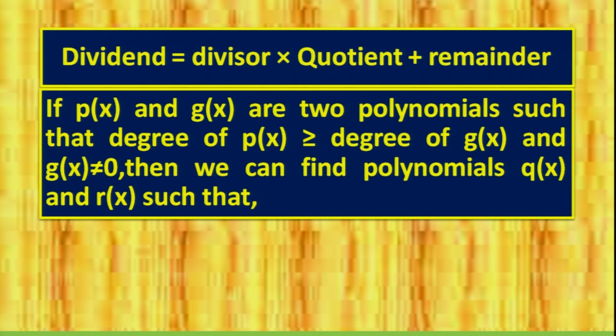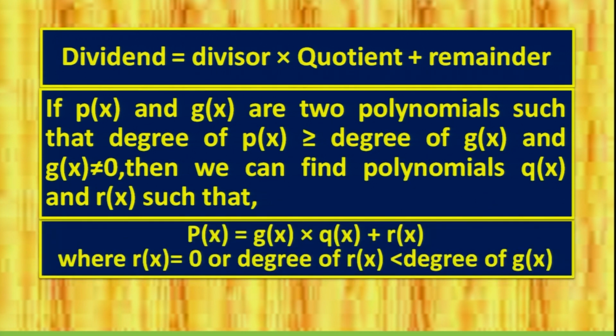We can now summarize it like this: if px and gx are two polynomials such that the degree of px is greater than or equal to the degree of gx and gx is not equal to 0, then we can find polynomials qx and rx such that px is equal to gx into qx plus rx.